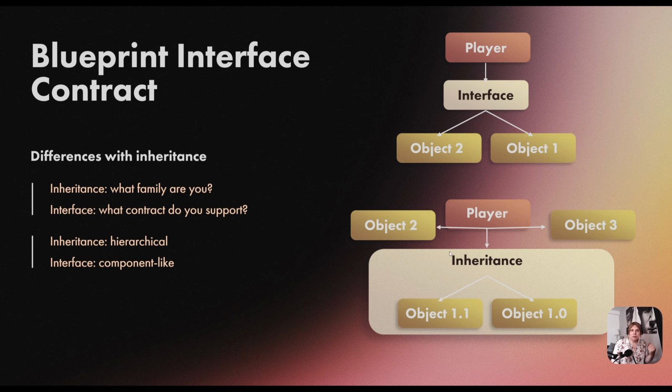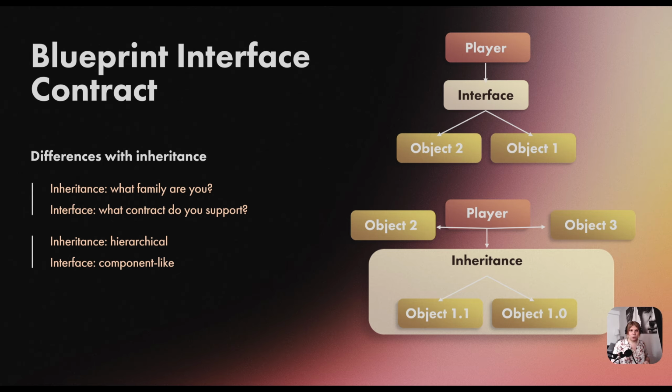So that means different blueprint classes can implement the same interface without needing the same parent class. If we look at this scheme, through the interface we can add as many objects as we want. But with inheritance, we need to switch a parent class to make a behavior possible.